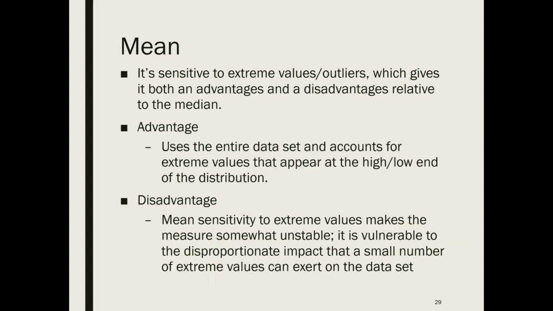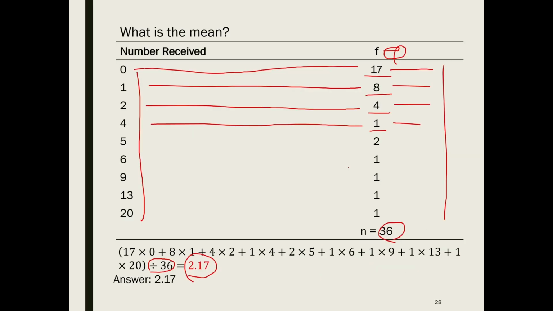So is the mean a good thing or a bad thing? Again, there is no perfect in stats, right? The mean is really sensitive to extreme values. Imagine we have a number like 20000, and we have 1 person here.